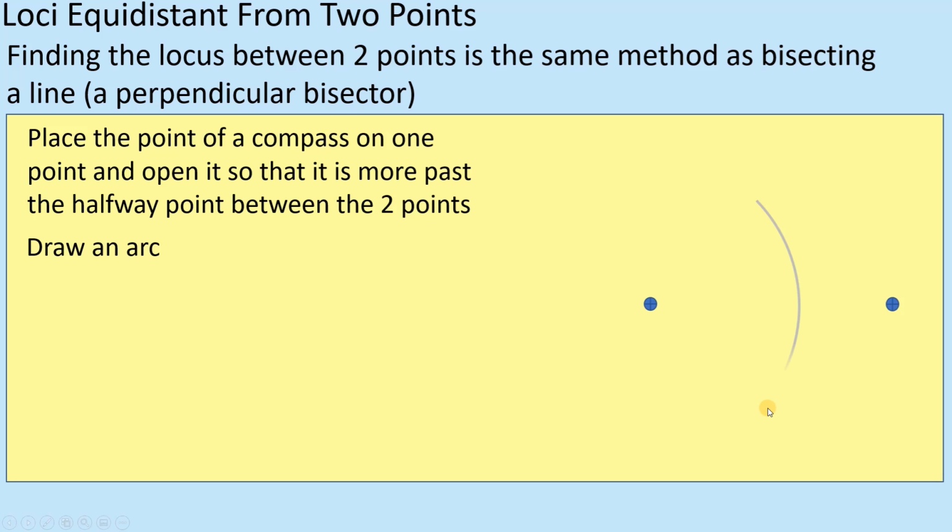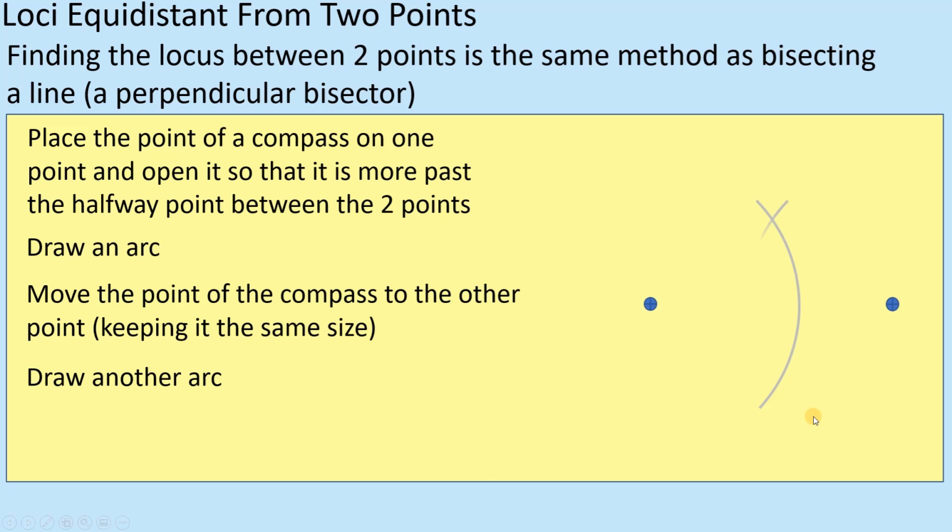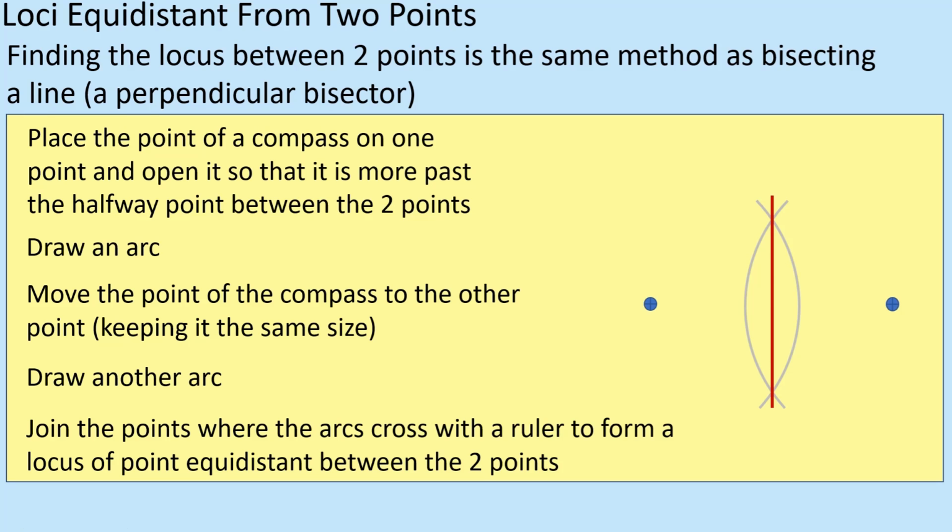So you're going to do what you did before, like you did with a line. There's no line here this time, but I'm going to treat it like there is one, and then I'm going to need another arc which goes down that side, and then put a line down the middle. Anything along this line is the same distance between this point and this one.